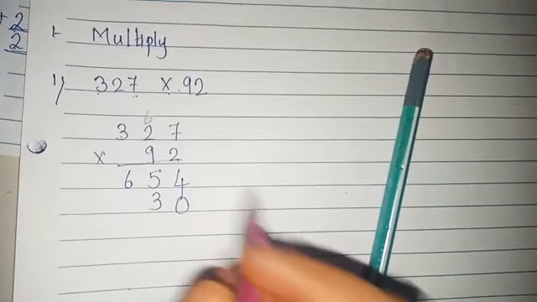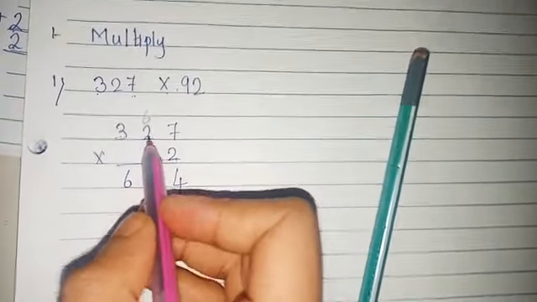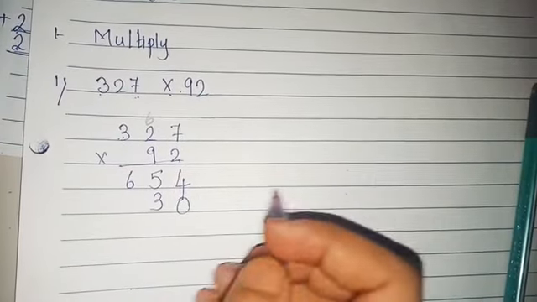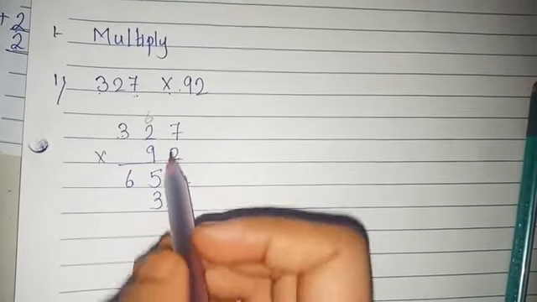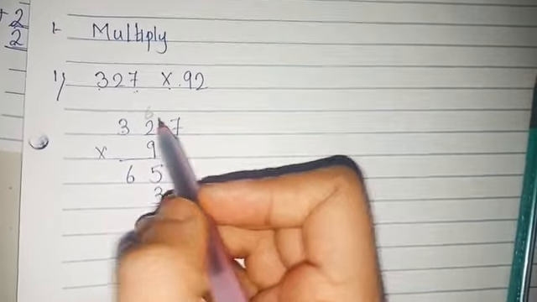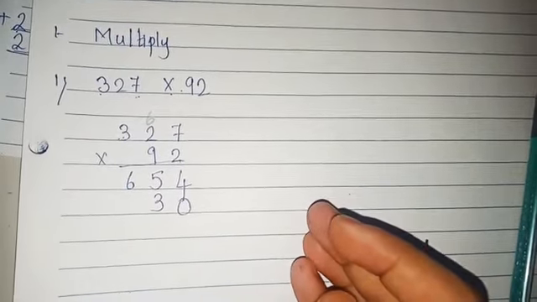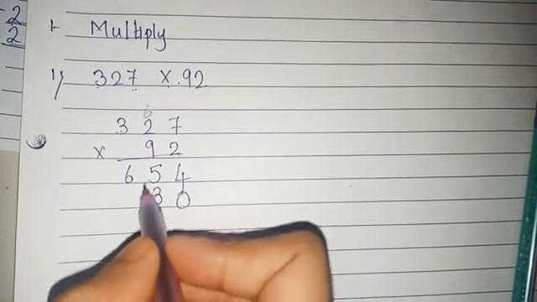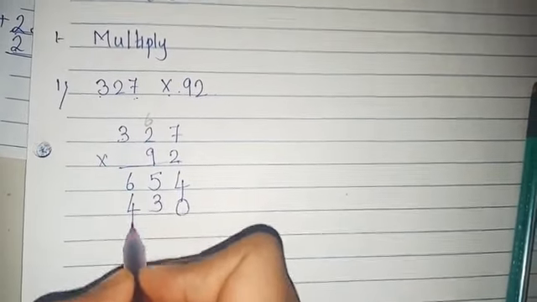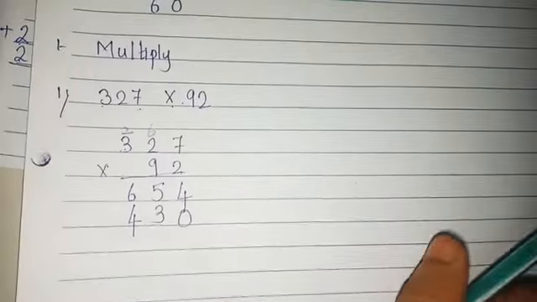Now 9 2s are 18. 18 plus 6 is 24. So 4 will come here and carry forward 2.